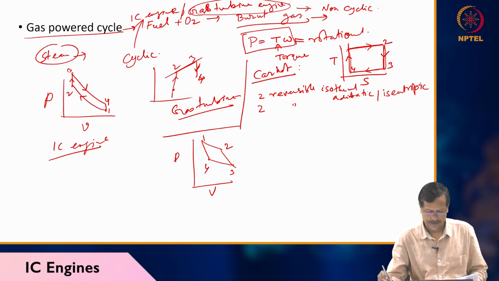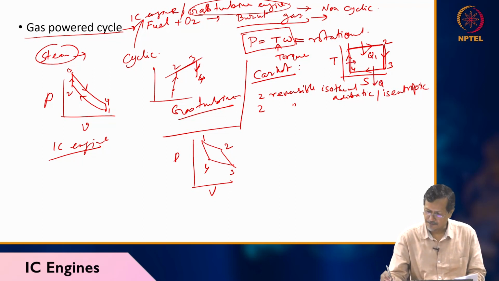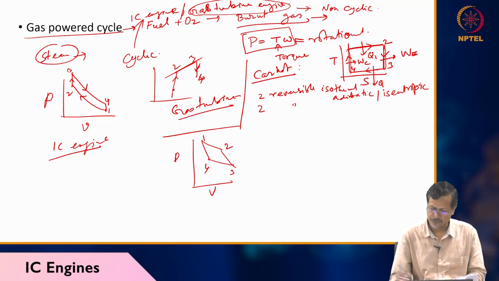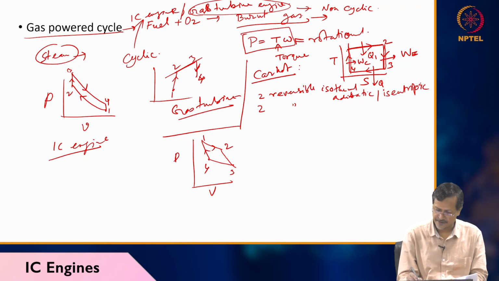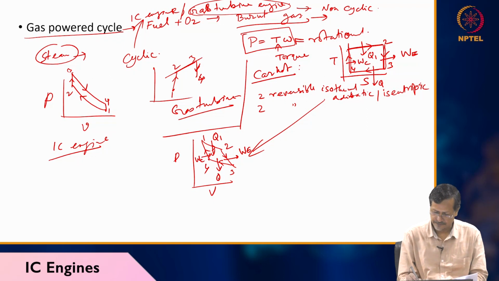Here I can assume heat input is happening, heat rejection is happening here, compression work is happening, and we are getting power output. So here I can replicate the same thing as the TS diagram. Actually, it comes like this.